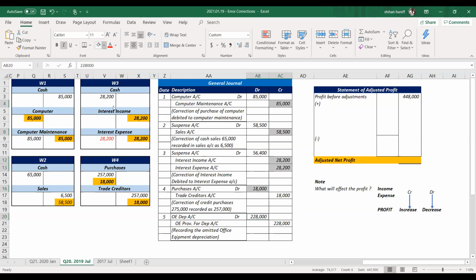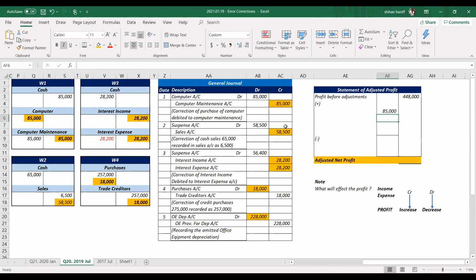These are the income or expenses. So income or expense, if it is credit side, we will add, very simple.